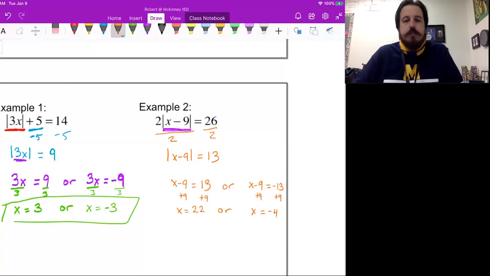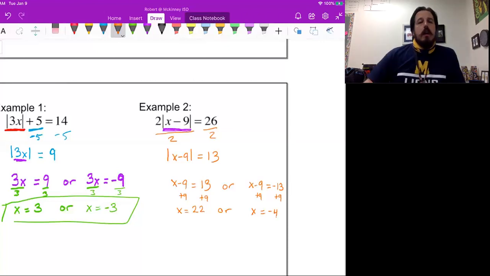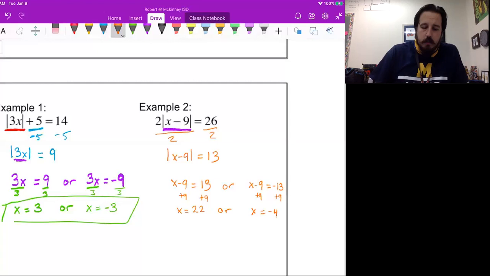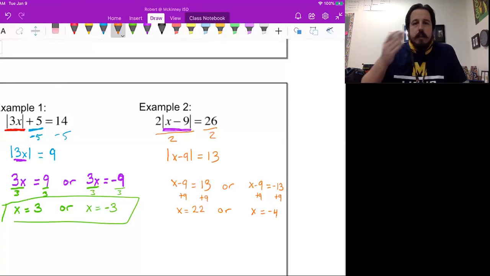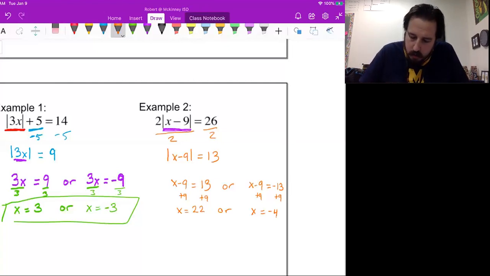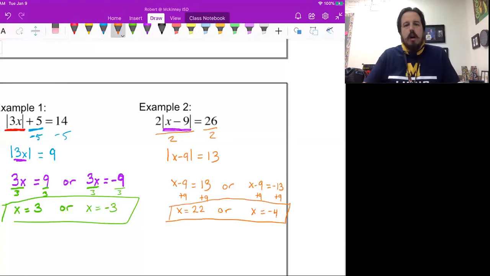Negative 4. Okay. You do not always get one that is the positive and the negative of the same number. As we see here, 22 and negative 4, they are not the same number. So those are my solutions. X can be 22 or X can be negative 4.